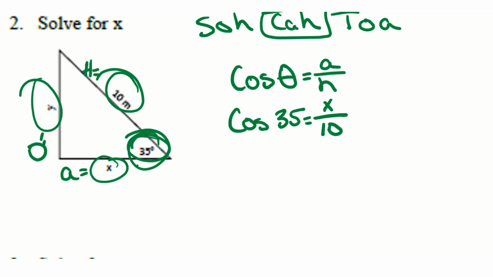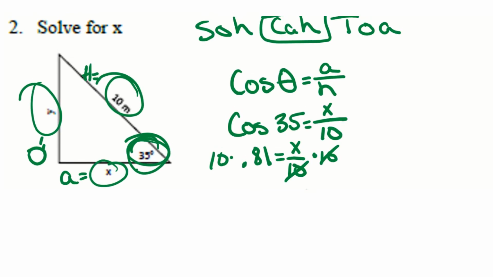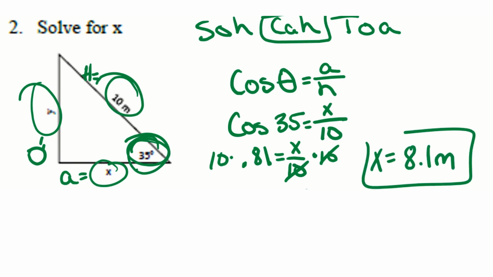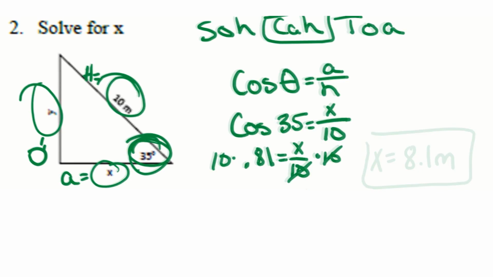So I'm going to write it in as 0.81 equals x over 10. Now I need to get rid of the 10, so I'm going to multiply by 10 on both sides. That gives me that side of the triangle would be x equals 8.1 meters. And that would be my answer.